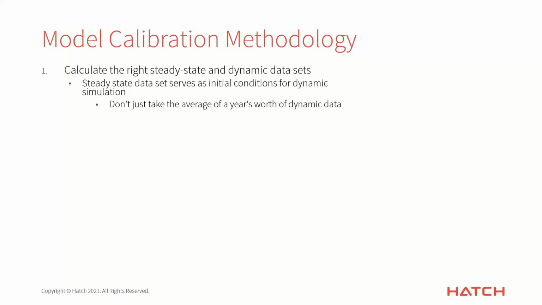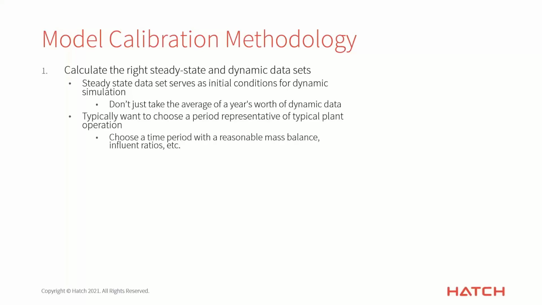A lot of people just take an average of a year's worth of dynamic data, or just average the dynamic data that they're going to be using to drive the model and use that as the steady state set. But it doesn't really make a lot of sense. It makes more sense to step back 5-10 days and take an average of that data, because that gives more of an idea of what the status of the plant was right before the dynamic simulation started.